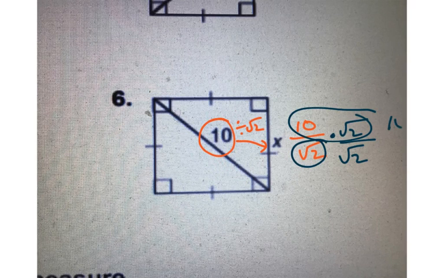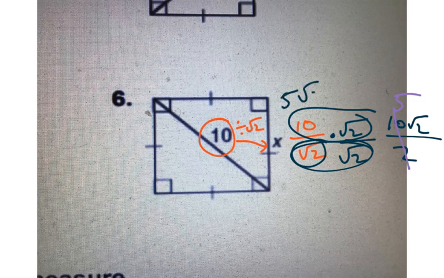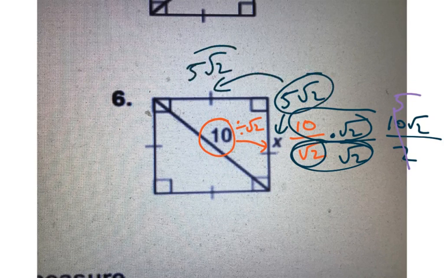This is 10 square root of 2 over a regular 2. Now, it doesn't always simplify, but notice, isn't 10 divided by 2 a 5? So we now know our answers. X here is 5 square root of 2. This side's going to be the same. It's also 5 square root of 2. And I know both sides of the square, basically.